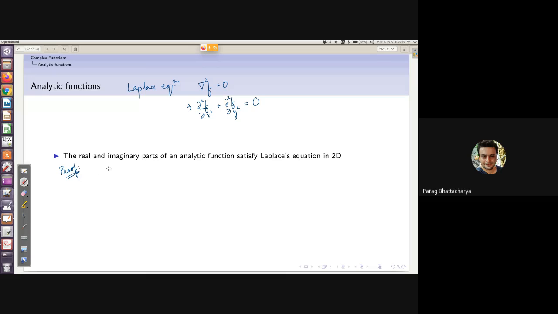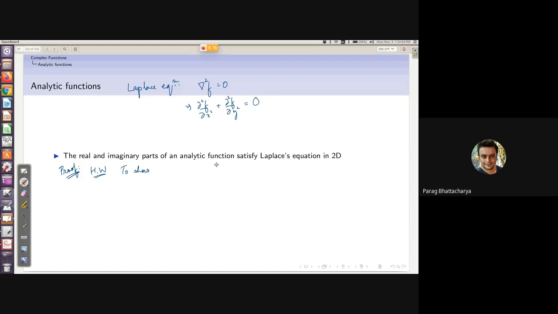The proof of this is very straightforward, and I would like to leave this proof as homework for you all. What you have to show is that the real and imaginary parts of an analytic function satisfy the Laplace equation.